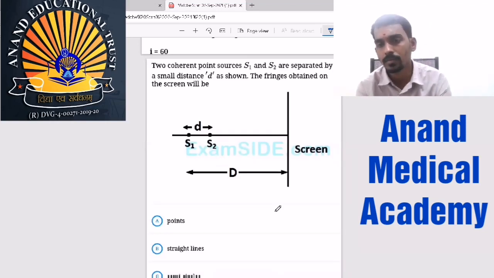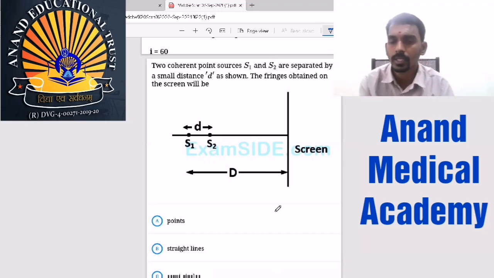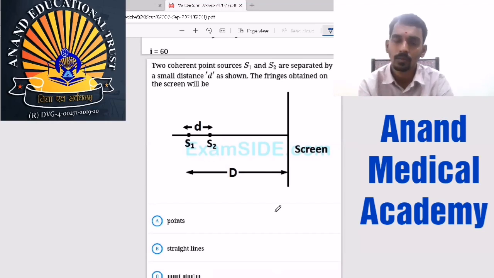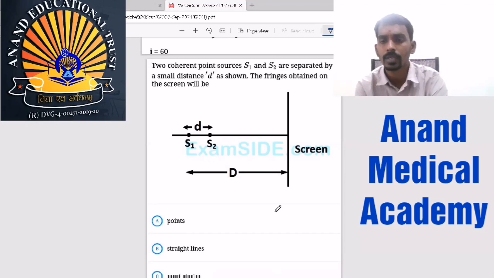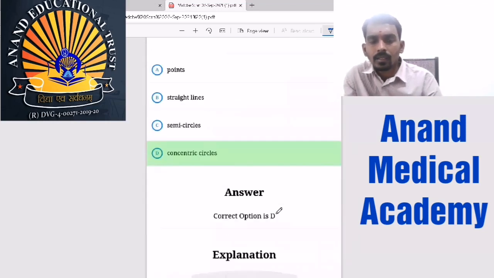Then they will ask what kind of change happens in the pattern. Depending on the question, you need to analyze, and please understand what happens when white light is used instead of monochromatic light, because monochromatic light means a single wavelength, while white light means multiple wavelengths are there. So have some idea about those things also.